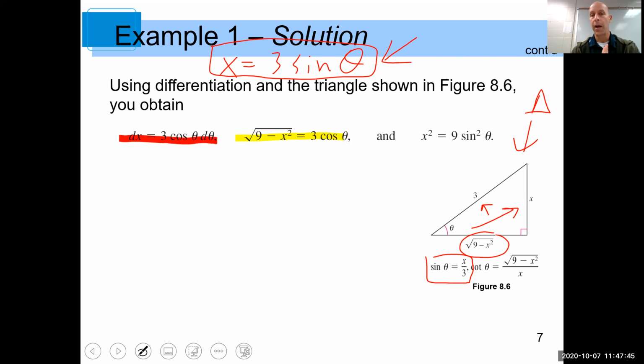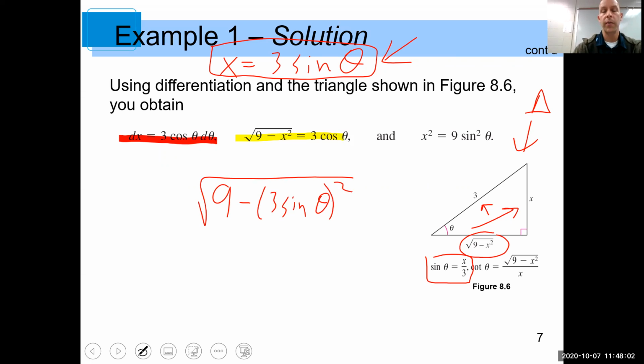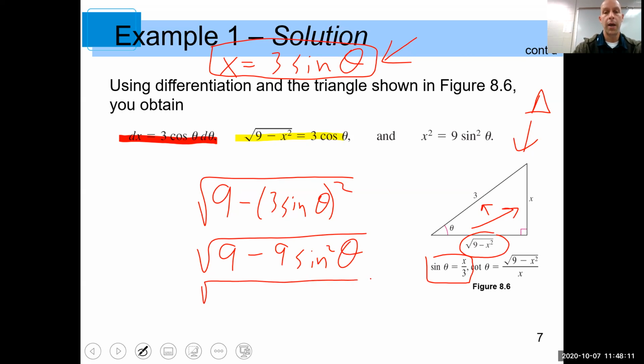Now, in case you're like, Mr. Allen, I don't understand where that's coming from, let me show it to you, okay? So what is x? I think we said that x is going to be 3 sine theta, and we're squaring this, right? Okay, so this is going to be 9 minus 9 sine squared theta. All right, so then I can factor out a 9.